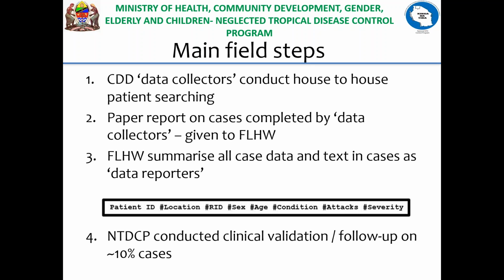So those frontline health facility workers are the ones who are summarizing the data and texting the data in that format, which is shown in this text box. After training, we were not involved in collecting data, but we just conducted clinical validation and follow-up to validate at least 10% of the cases which were reported by the frontline health workers.